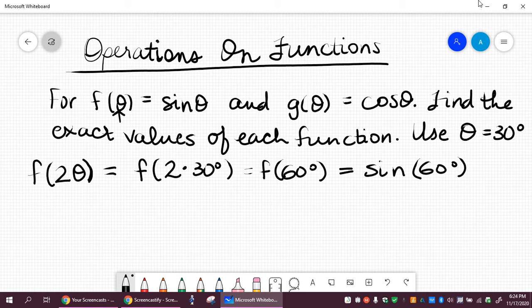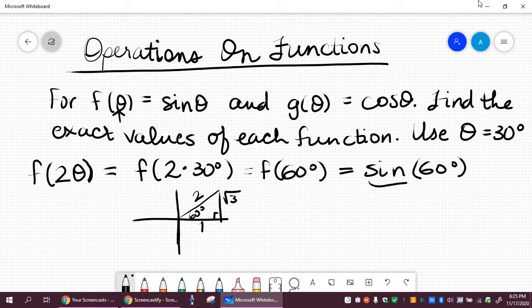So now to finish this out, we have to draw our triangle the way we've been doing, and find 60 degrees. So 60 degrees is in quadrant 1, and I'm going to label that 60 degrees. It's a special right triangle, so I know across from 60 degrees is square root of 3, adjacent is 1, and my hypotenuse is 2.